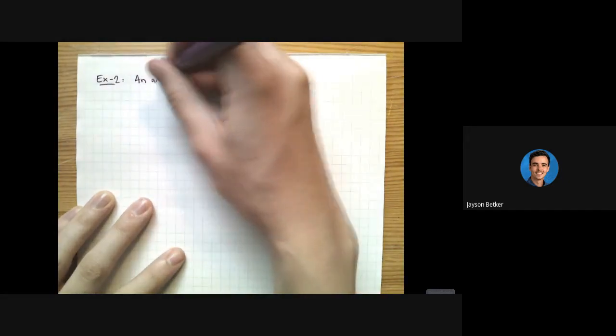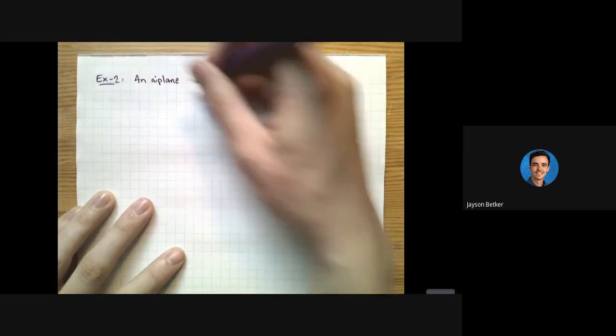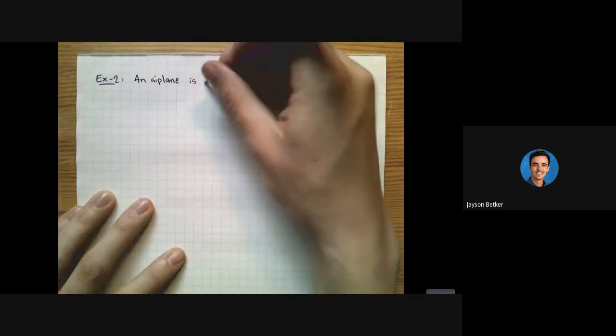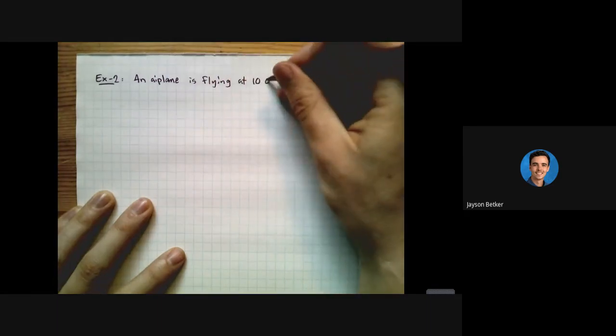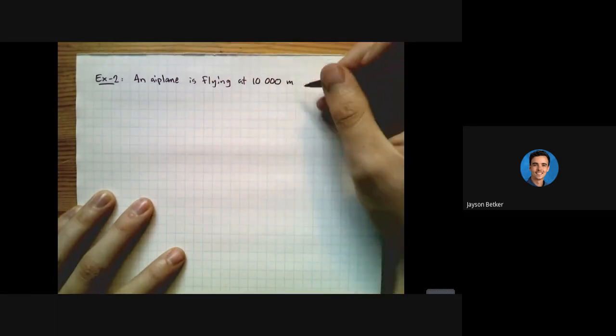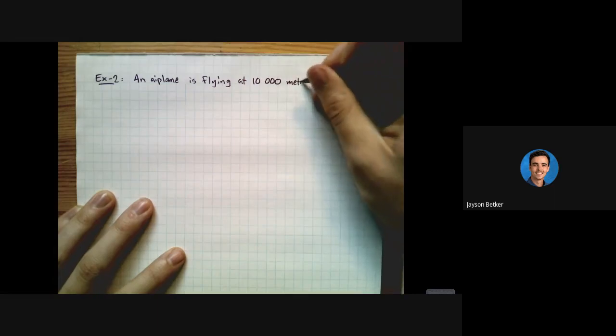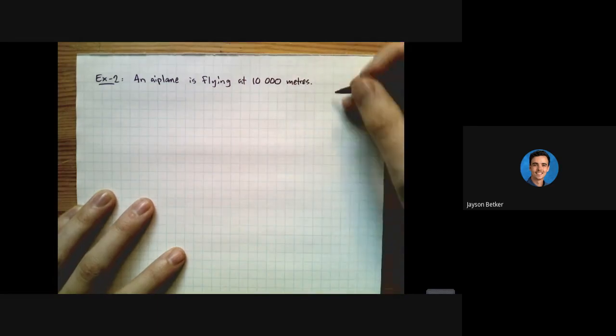An airplane is flying at 10,000 meters, begins to descend.